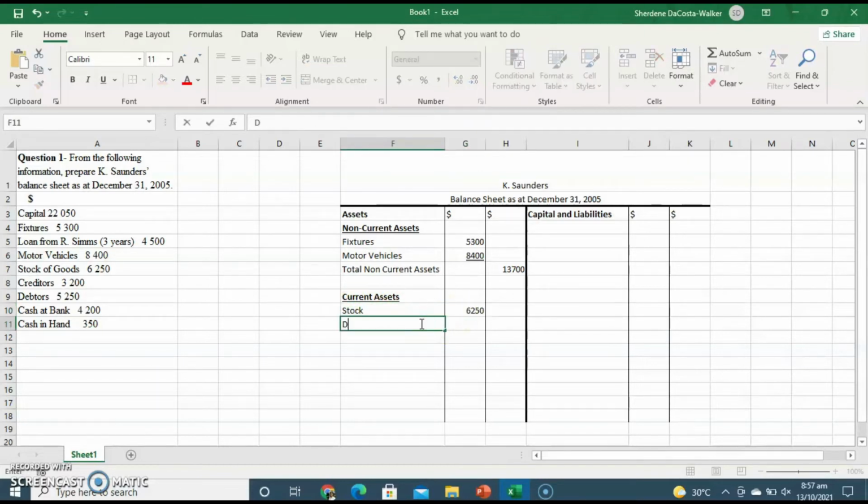Then we have our debtors. This is the order of permanence, because stock will be in the business for a longer time. It will take 4, 5, or even more months for me to sell my stock, but my debtors will have to pay me back within a short time, so I put it afterwards.